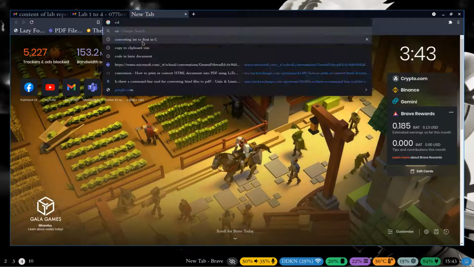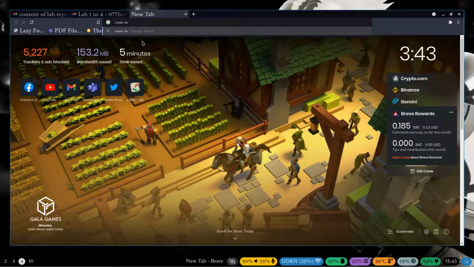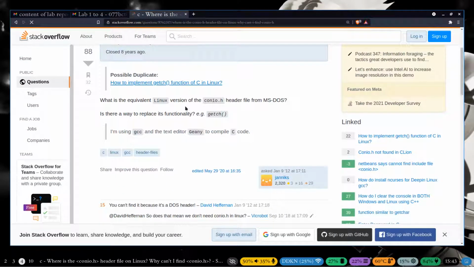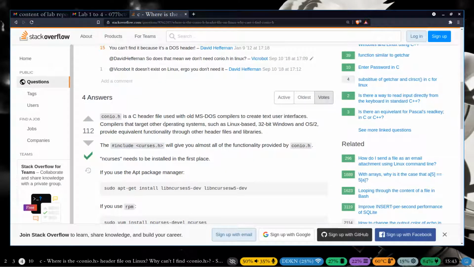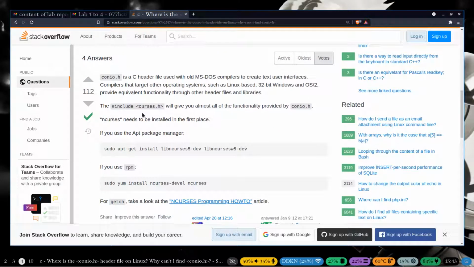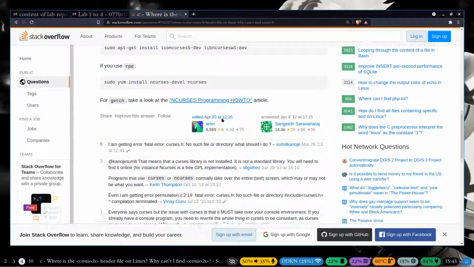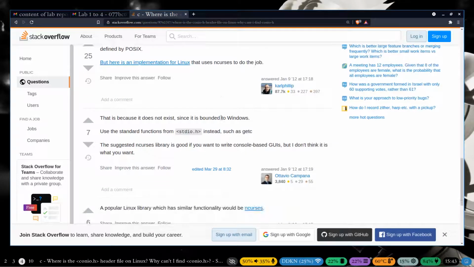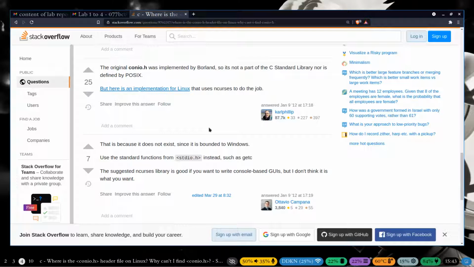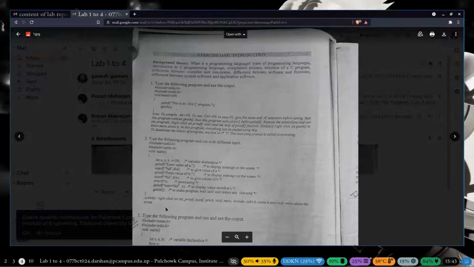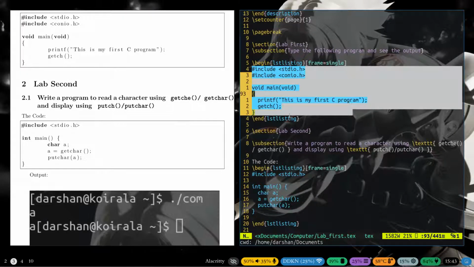So console input output in clang. So if you do like that. MS does create text user interfaces. Okay, so basically, the C standard library of POSIX does not include the conio thing here.